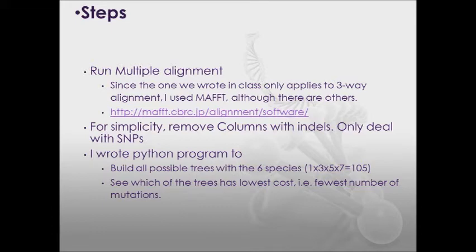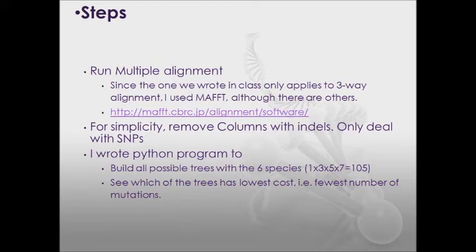Once I run the multiple alignment, just for simplicity to reduce the amount of computation, I remove all the columns that have indels and only deal with the columns that have single nucleotide changes. Then I wrote a Python program that builds all possible trees with 6 species, and there's 105 possible trees.